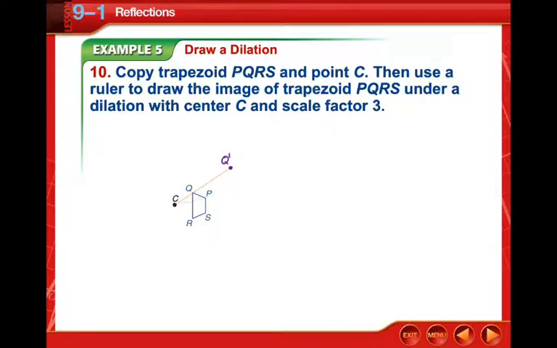From C to P. Again, I have a bit of an advantage because this tool will do this for me, for the most part. C to S. It's not perfect, but it'll be all right. And finally, C to R.